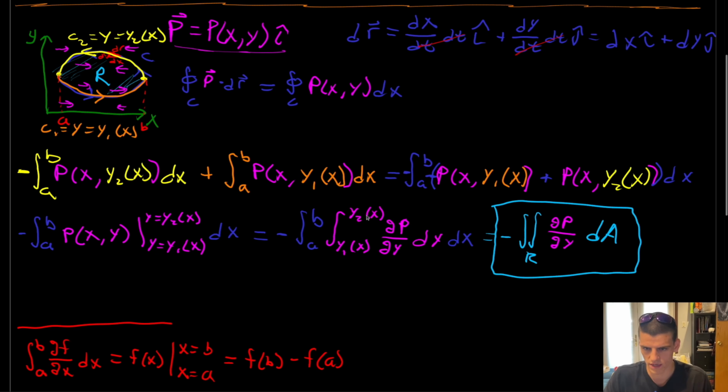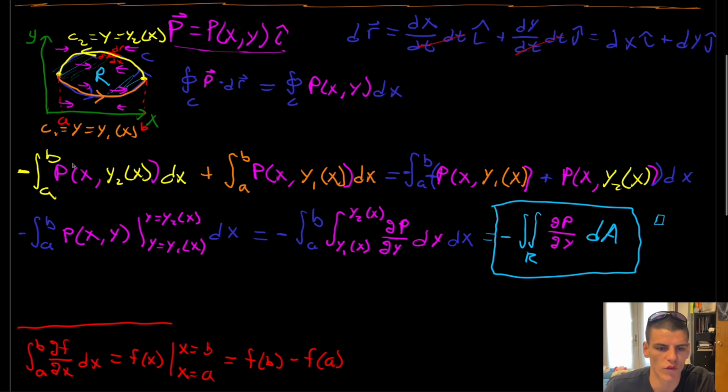So with these proper bounds, the y2 is on top here, so we want to integrate from y1 to y2, and then from a to b equals the double integral over the region R. And then dy dx can be represented as dA. It's some little piece of area that is made up of a dy and then a dx.